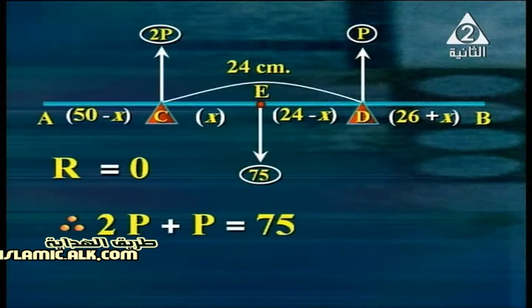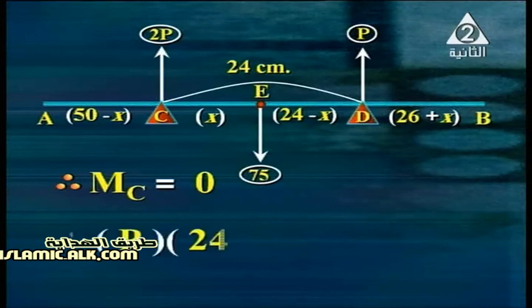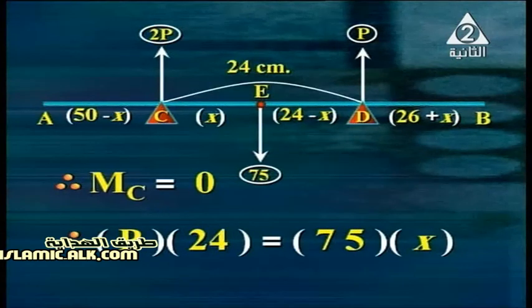Dear student, the first equation: 3b equals 75. 2b plus b equals 75 means 3b equals 75, b is 25 Newton. After that, we find moment about C equals 0. Therefore, b times the distance between C and D, which is 24, equals 75 multiplied by x.